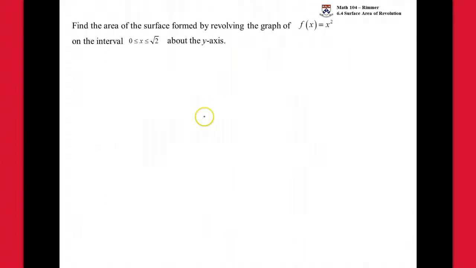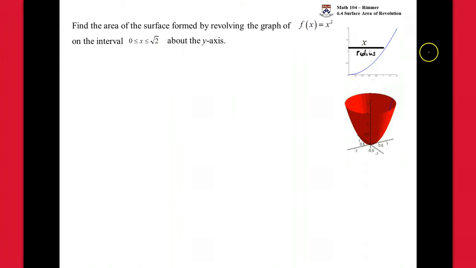Okay, so first up, find the area of the surface formed by revolving the graph y equals x squared on the interval from 0 to root 2. We're going to rotate that about the y-axis. Parabola from 0 to root 2. We rotate about the y-axis, and so our radius would be x.